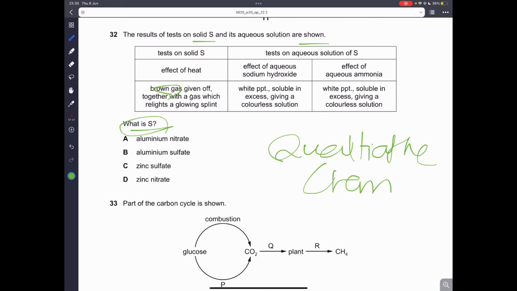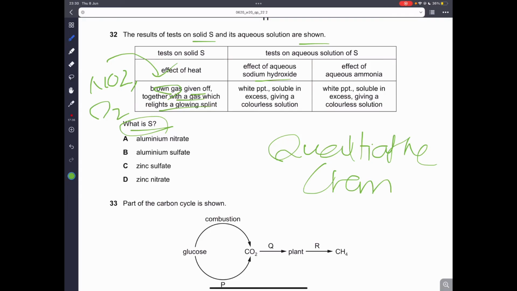A brown gas is given off together with a gas which relights a glowing splint, which means NO2 is given off, and oxygen is also given off. NO2 color is brown, and oxygen relights a glowing splint. This is what you have to memorize.